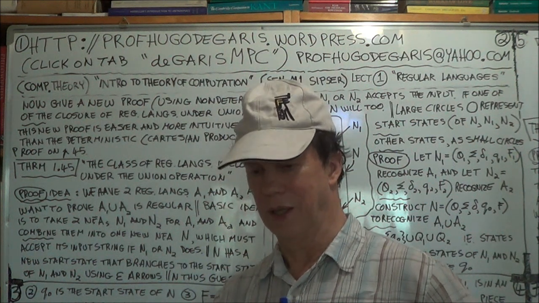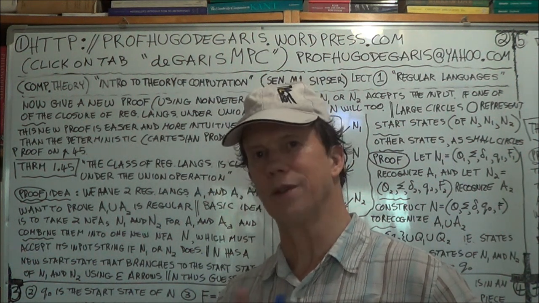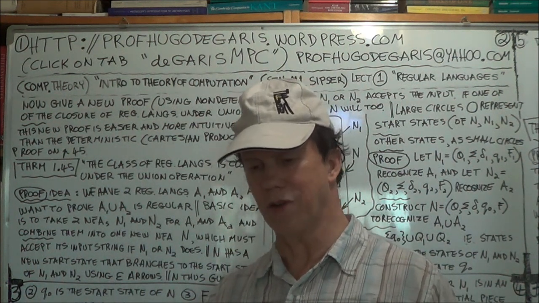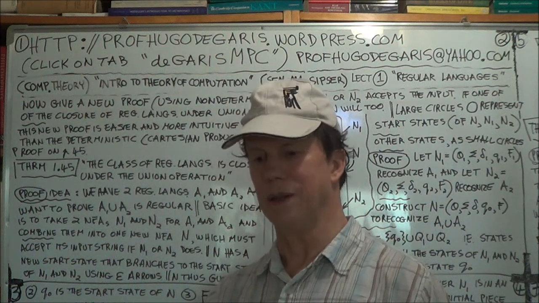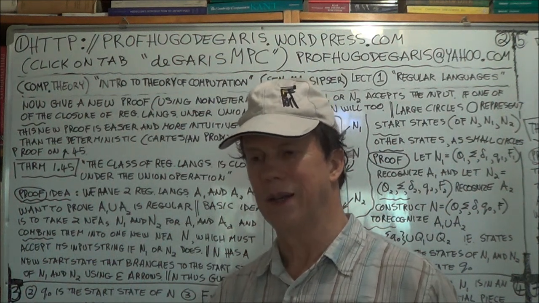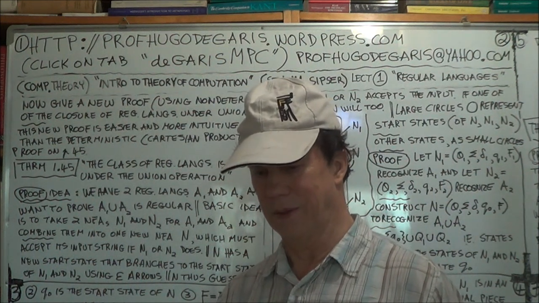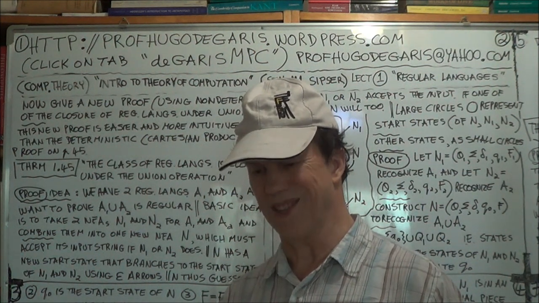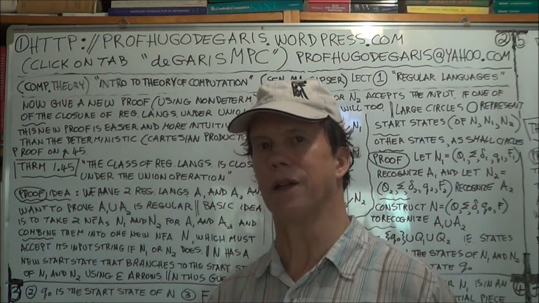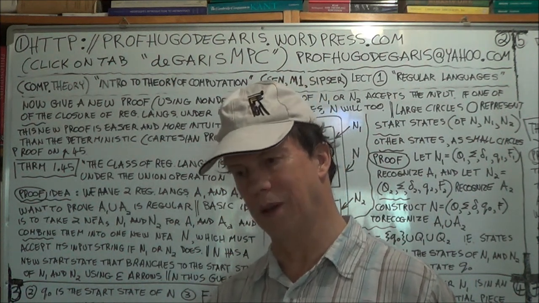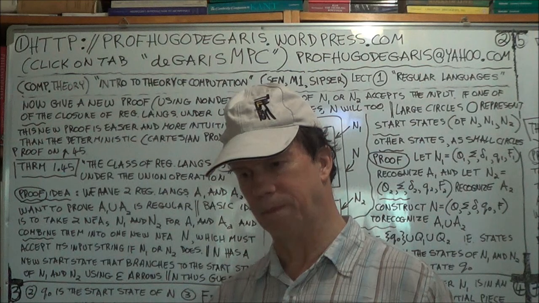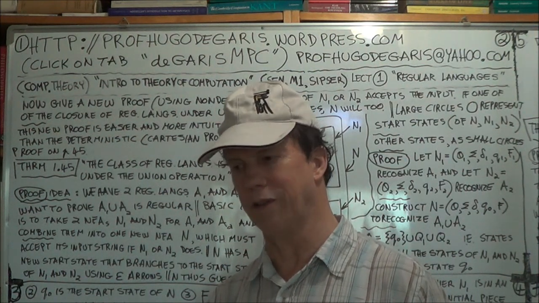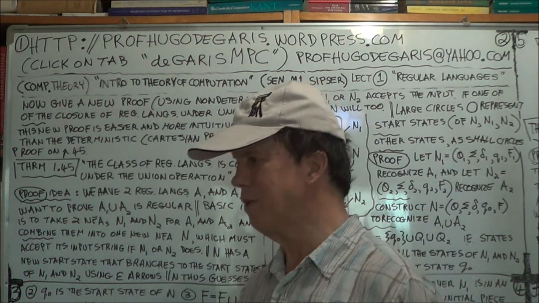It takes two languages and unions them, in other words, combines all the strings of both languages to make a usually much bigger language, and that result is also a regular language. In other words, it can be recognized by some finite automaton, a DFA or NFA. So that's what we have to prove.